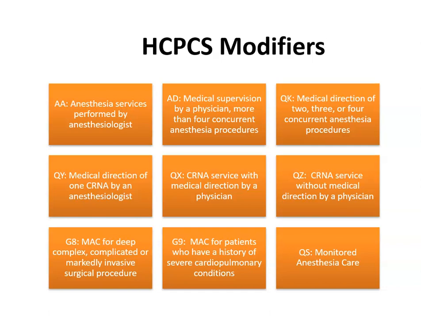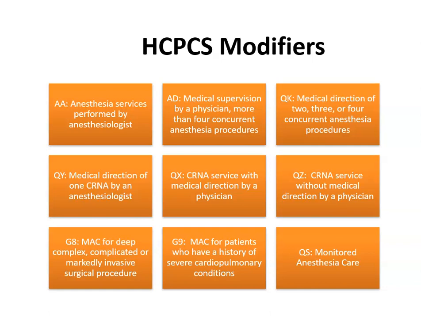But these modifiers, I like to call them the money modifiers, because physical status just tells the physical status of the patient. But these money modifiers, sometimes they call them concurrency modifiers, basically tell the insurance company who actually provided the anesthesia. That's why I call them the money modifiers.